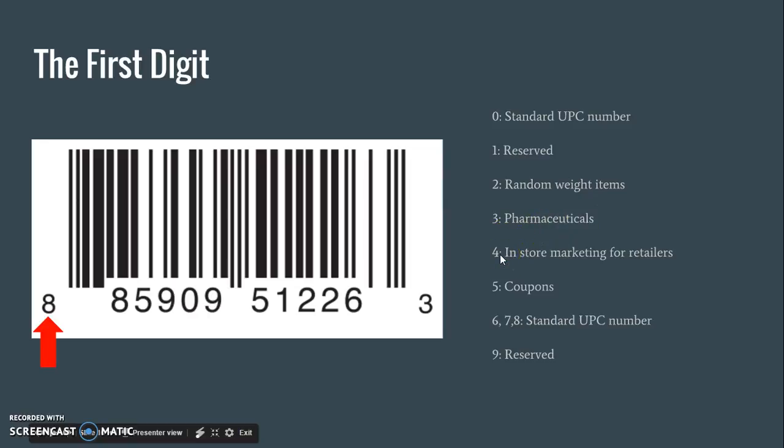Number 4 is something that they give to specific stores. So it's a customized code for different grocery stores, so they can create their own UPCs and just use them in that store. And then the 5 is what you will see on a coupon.